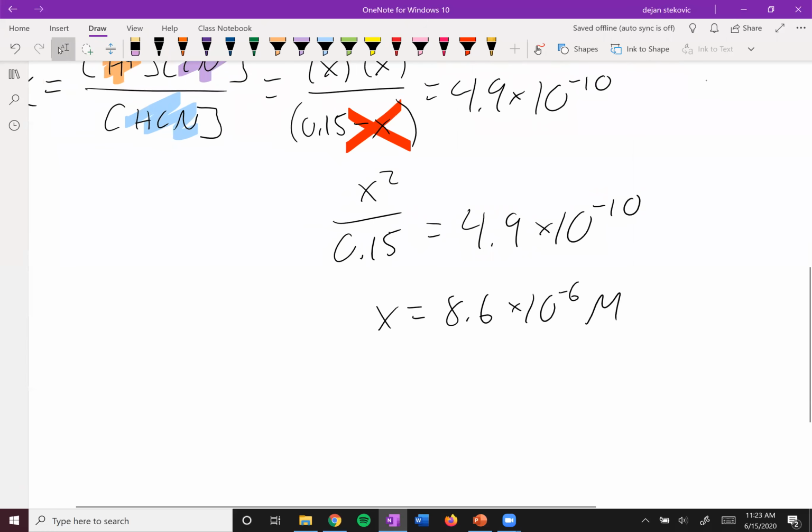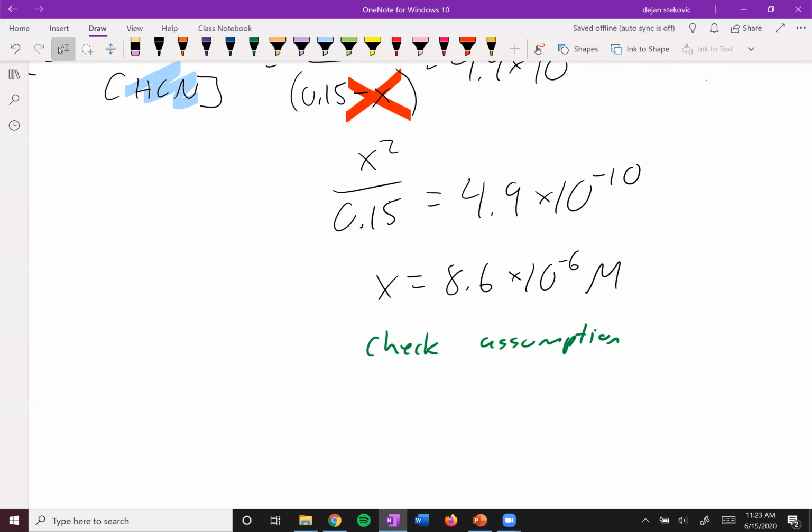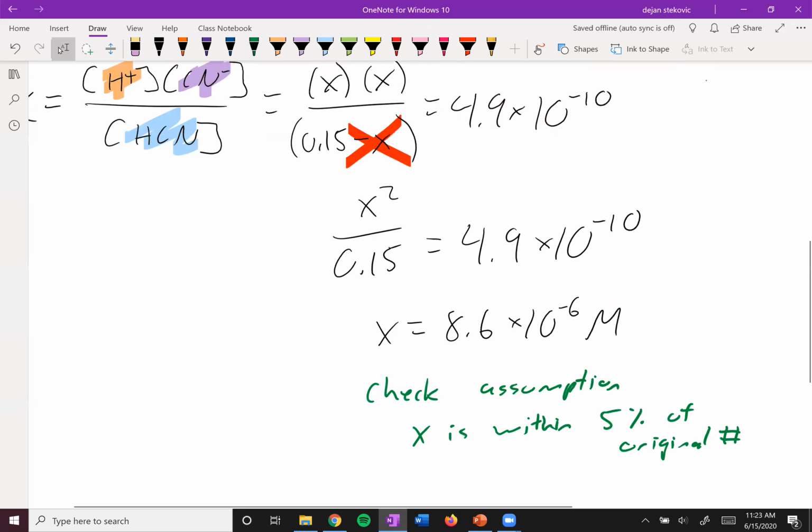And so we have to check the assumption. The assumption here is that X is within 5% of the original number, in this case 0.15.